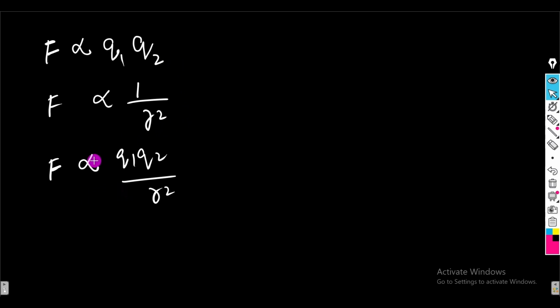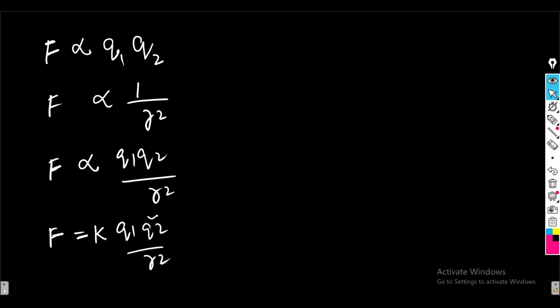Now we know that whenever we replace the proportionality sign, we write an equality sign and a constant. So F is equal to K, where K stands in for the proportionality sign. So F is equal to constant times Q1 Q2 by R square.